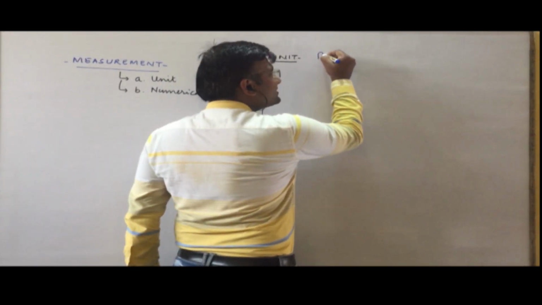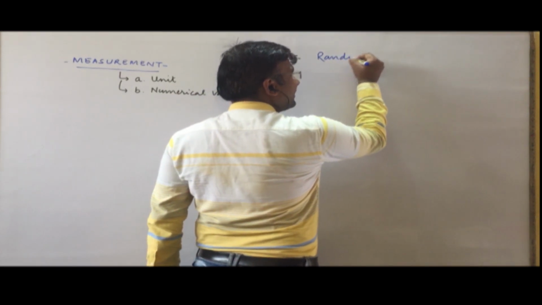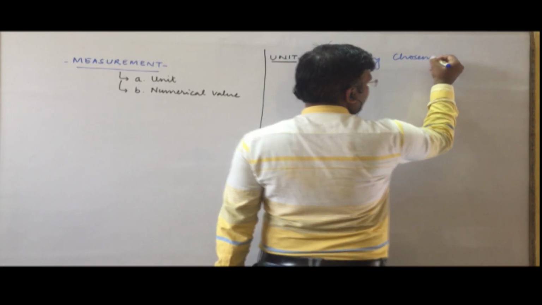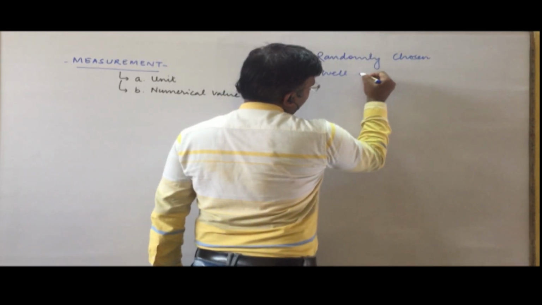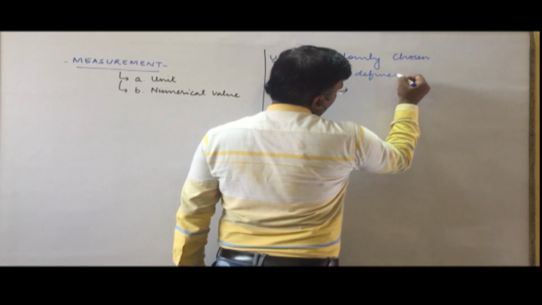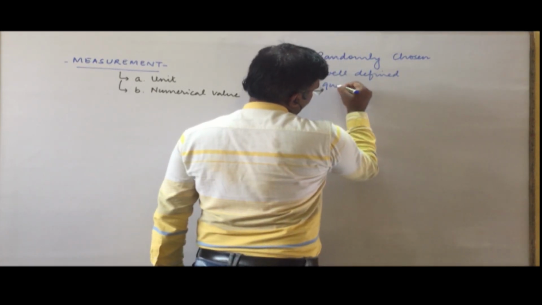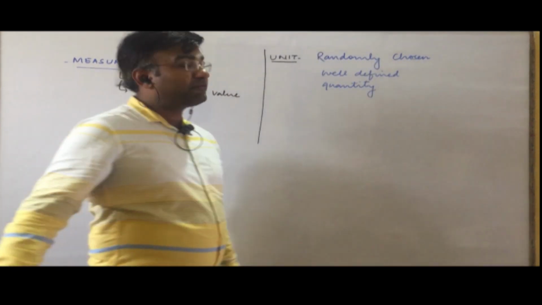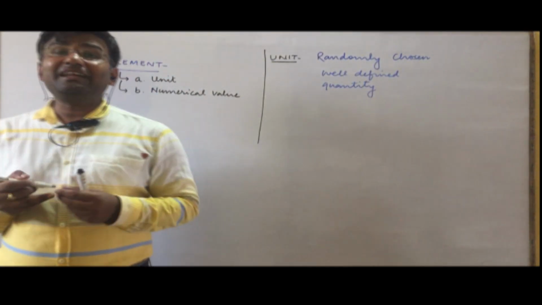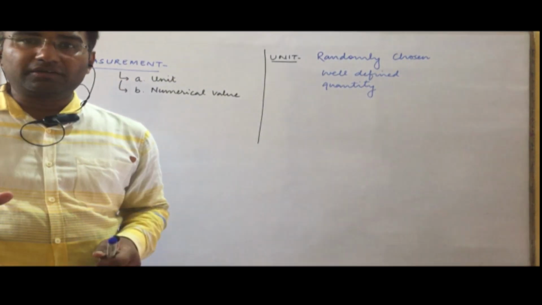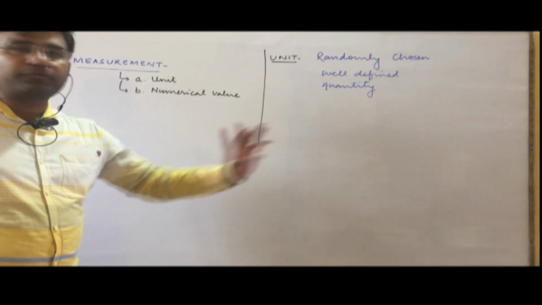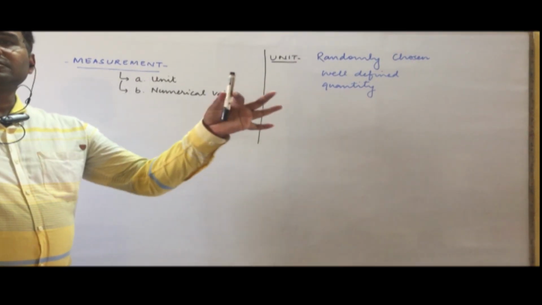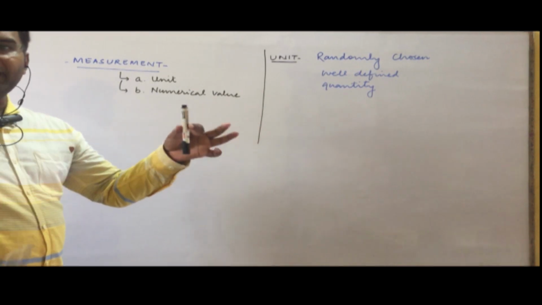So a unit is, pay attention, a randomly chosen, well-defined quantity. So the first word is randomly chosen. I can take anything to be my unit. For example, I wish to measure this board. I don't have any scale. Let me say this marker is 1 unit of length.